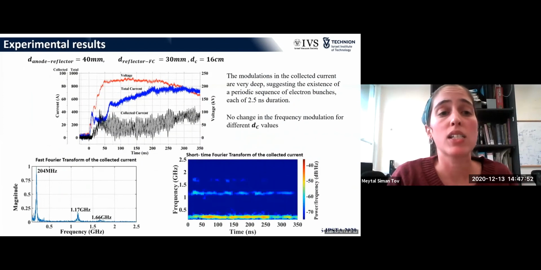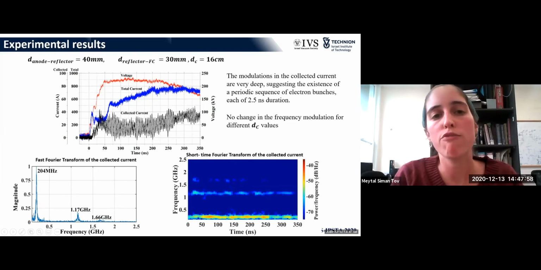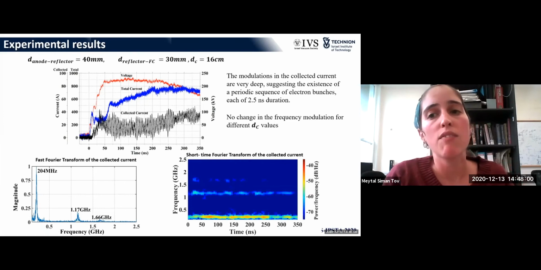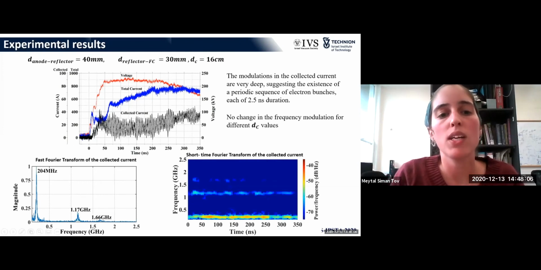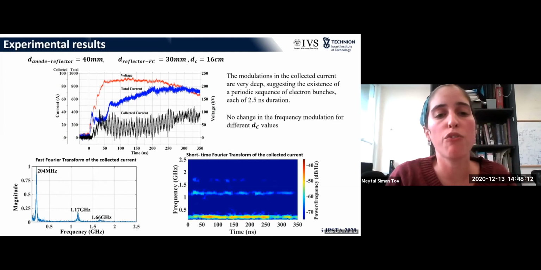Those are the experimental results for a specific gap between the anode and the reflector, a specific gap between the reflector and the Faraday cup, and a cavity length of 16 centimeters. You see that in the signal of the collected current we receive modulations. Those modulations suggest the existence of electron bunches.